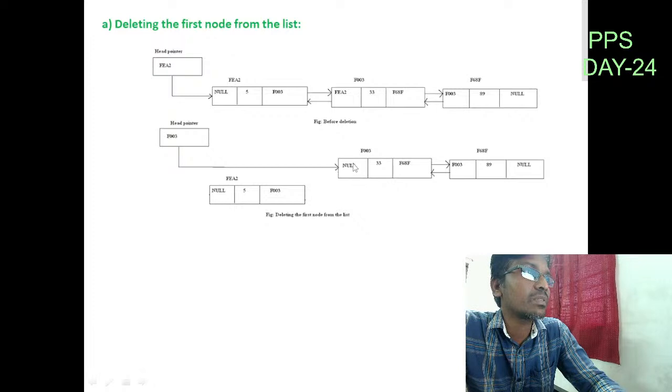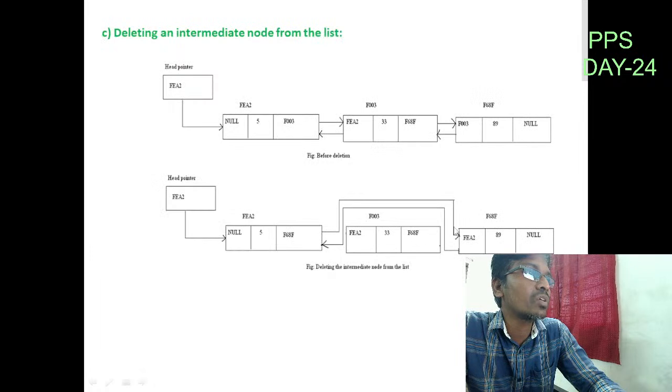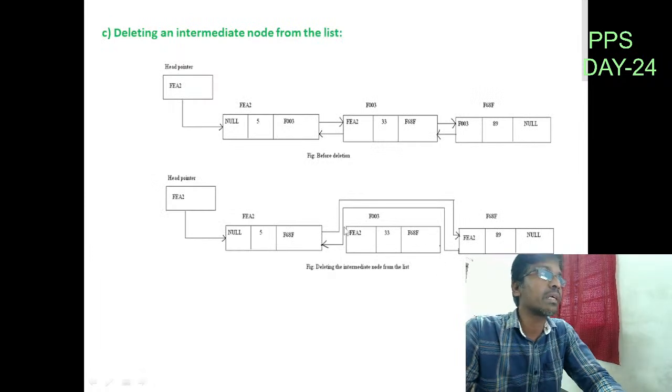After that, by using the free function, you can remove the first node. Like that we are going to remove the elements, if it is a first node or a last node. And if it is an intermediate node, we will remove it like this.